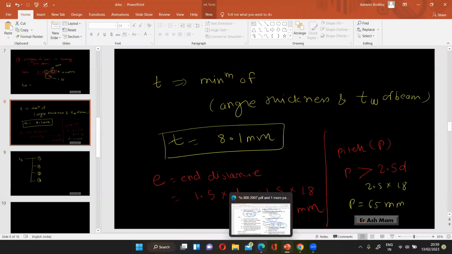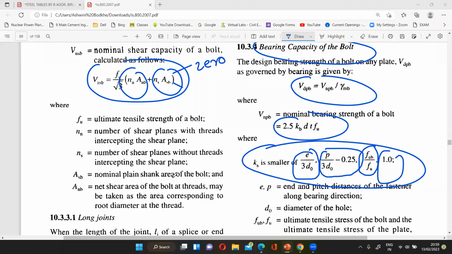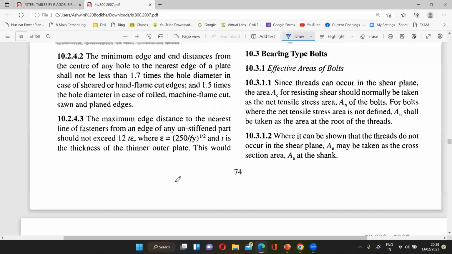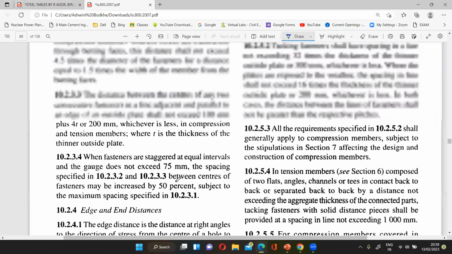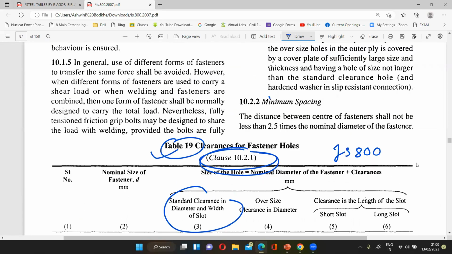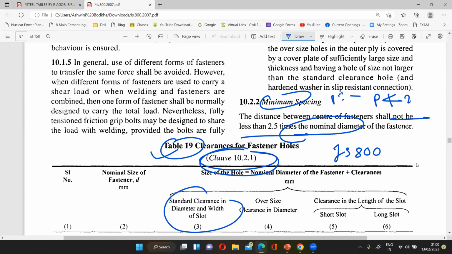The formula of this e and p is already given in our code. You can see here minimum spacing, that is pitch, should not be less than 2.5 times the nominal diameter. It means p should be greater than 2.5 times nominal diameter.